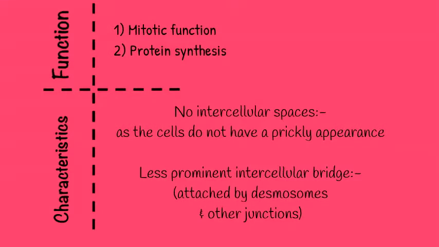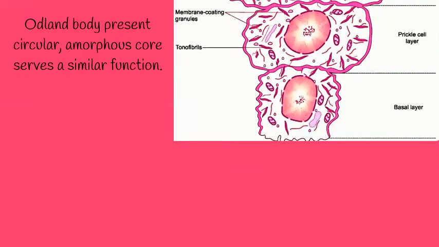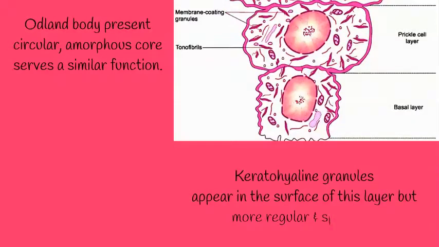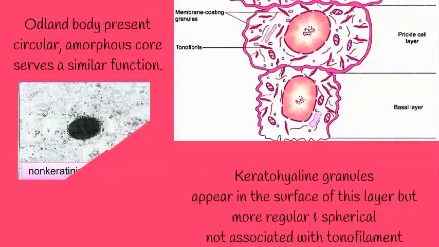The granular layer is not present, and the cells above stratum intermedium lack keratohyalin granules and filaggrin and have less developed tonofilaments. The membrane-coating granules or Odland bodies are smaller than those of the keratinized epithelium.